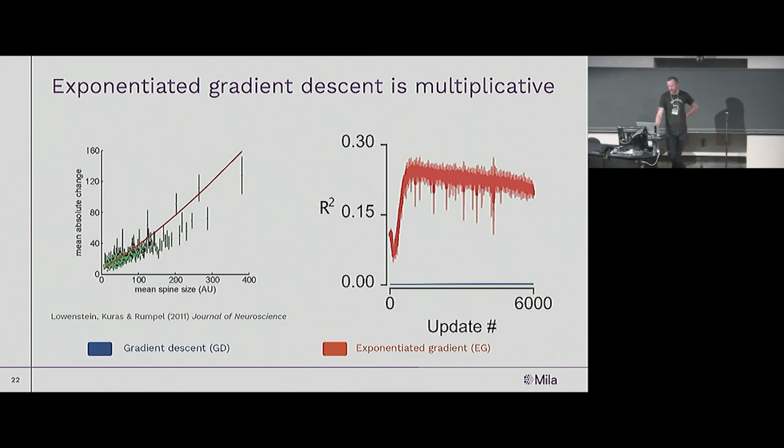So when you look at, for example here, changes in spine size recorded in the brain, the degree of change in a spine is actually a function of the existing size of the spine. So it's the same dependence on the current synaptic weights to determine how strong the new synaptic weight change is going to be. And that's exactly what you see with exponentiated gradients. This is the correlation between the strength of the weight change and the strength of the existing synapse. It's positive in exponentiated gradients, whereas it's just at 0 for gradient descent, because it's an additive learning algorithm.